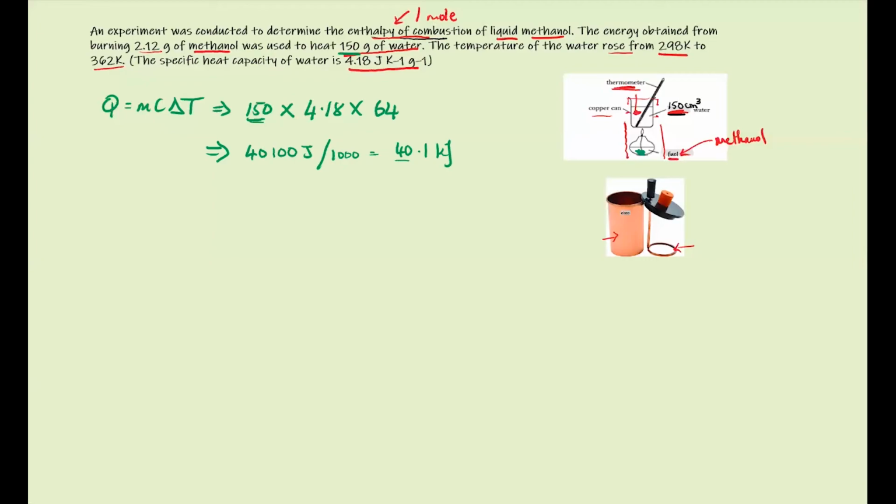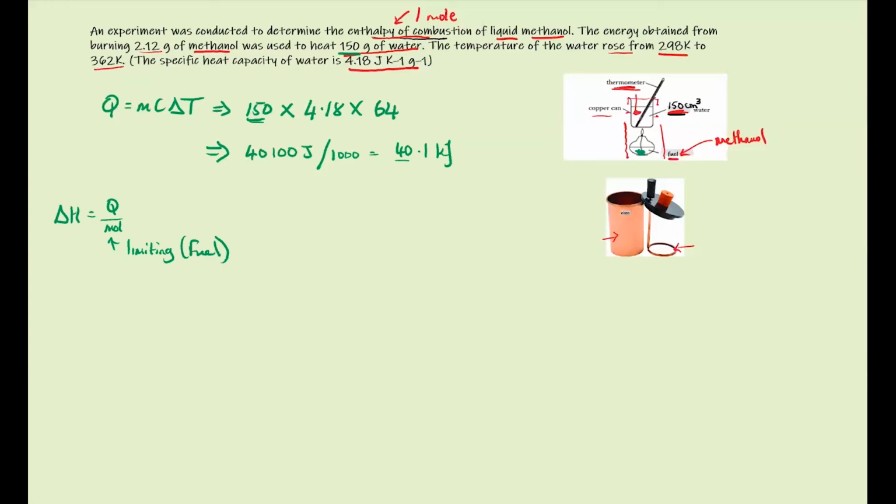Now I need to take this on to the next stage. Before I can work out the enthalpy change, which is given by this equation as we know, I need to work out the number of moles and my limiting factor. My limiting factor in these cases is always the fuel. It's always the fuel for combustion, because the oxygen has to be in excess to make sure we get complete combustion. I know my Q is 40.1 kilojoules, but I need to work out the number of moles of my methanol.